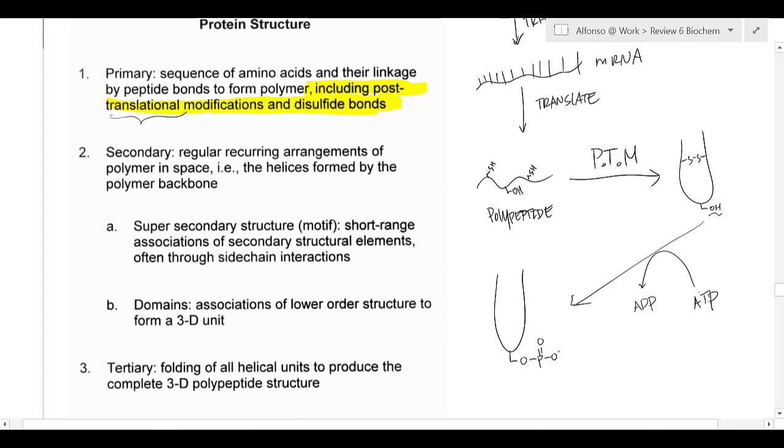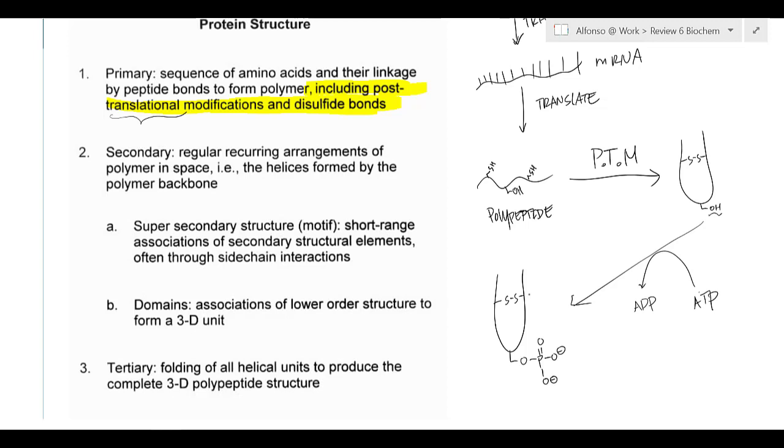Why are we doing this? Yeah, this is important. It's definitely gonna be on your exam. You were asking, is this important? Yeah, all of this, you're definitely gonna wanna know this. Phosphorylating it is modifying the polypeptide, and that affects the function of this polypeptide.